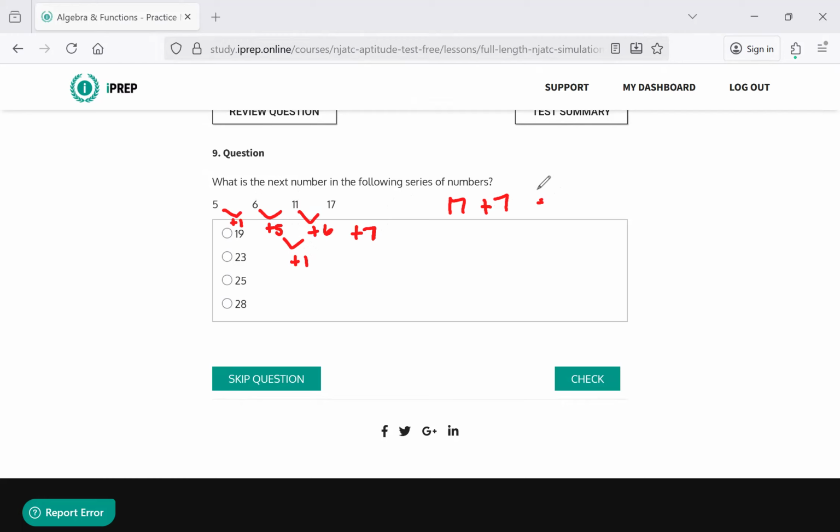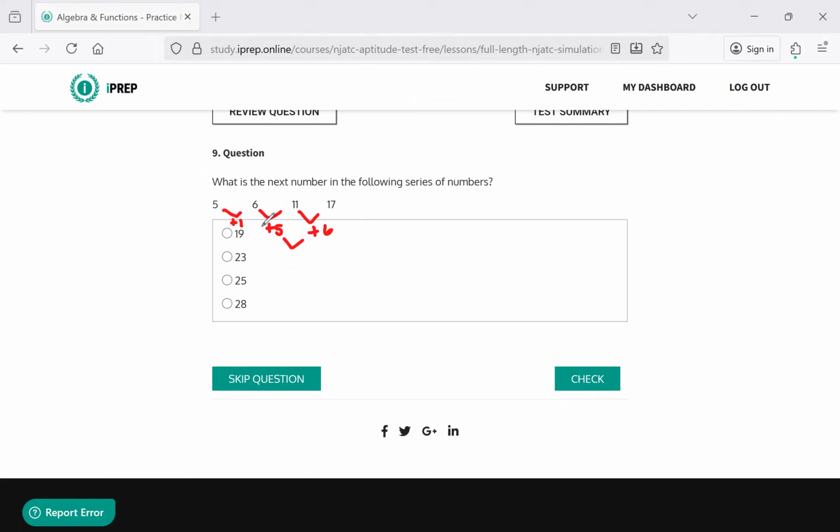I don't see a number. Oh, hold on. I see it. Never mind. This one's a tricky one. So I don't think you add 7. That's wrong. But look carefully.